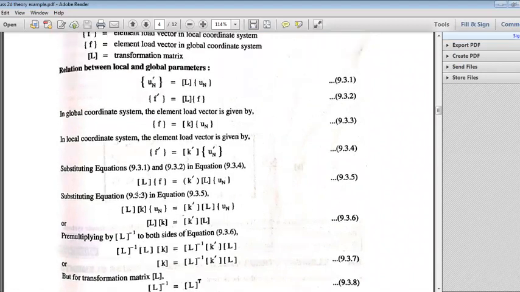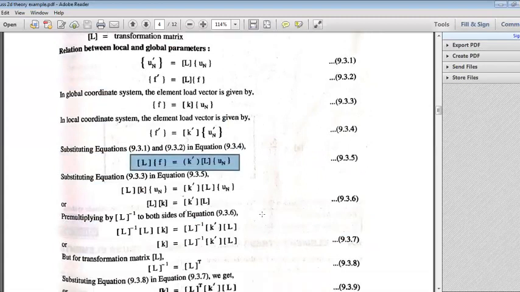So by using all the equations, local or global coordinate, substituting equation 9.3, the first equation, into the second, you get these equations, right?